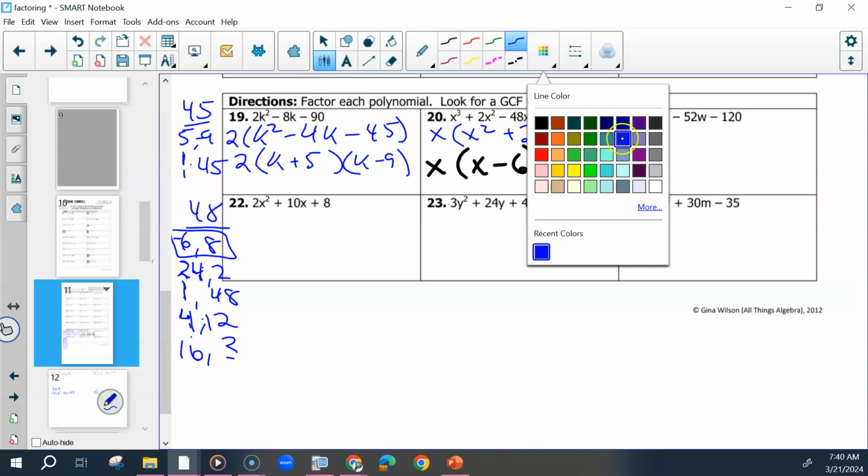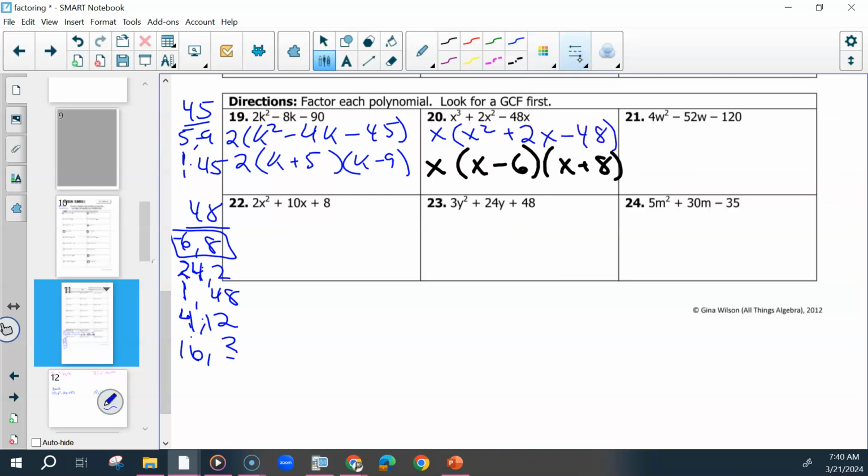So in 24, what would that GCF be? 5. Divide each one by 5. What's left? M squared plus 6m minus 7. So then we're looking for 2 numbers that multiply to be negative 7. 1 and 7, and would add to be 6.